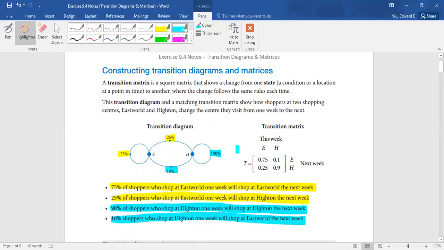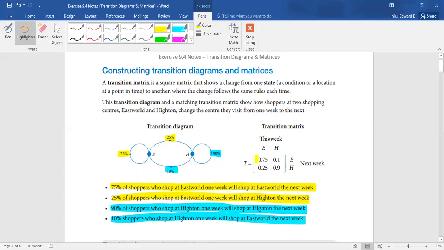Probably Highton, because Highton's got a 90% retention. People keep coming back, and few people leave to go to Eastworld. And then Eastworld has more people leaving to go to Highton, which suggests Highton might be a better shopping centre based on these results.